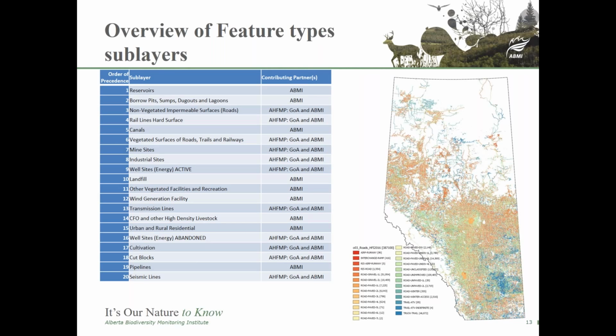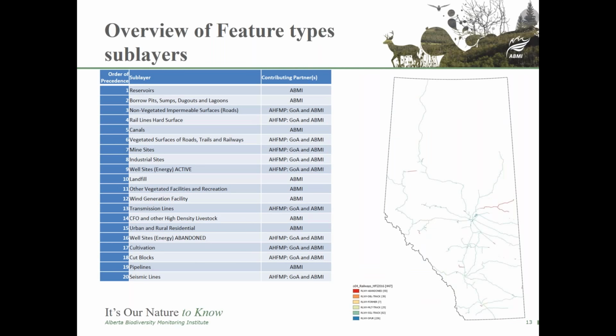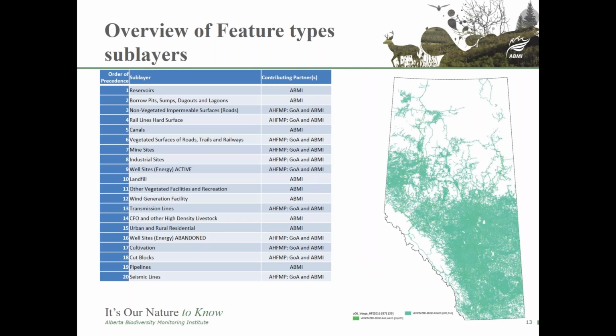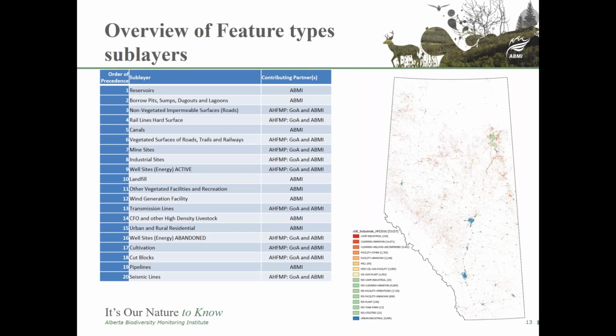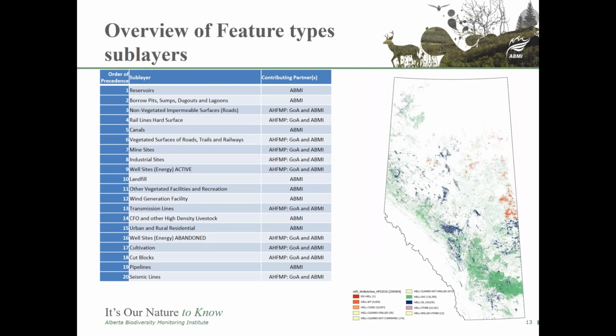Here you can see the footprint of each of the 20 different sublayers individually, presented in their order of precedence in order to create the one integrated layer. The table on the left also shows who the contributing partners to each sublayer are.